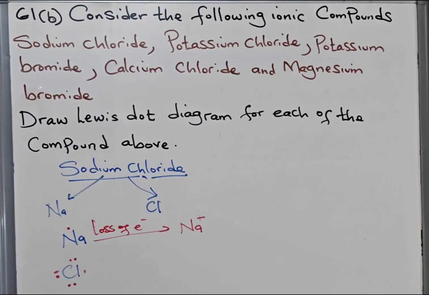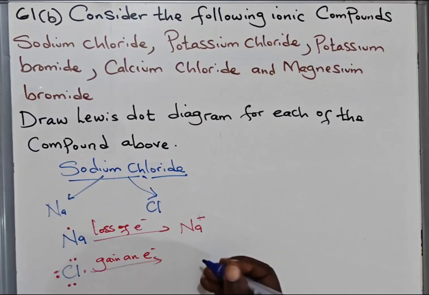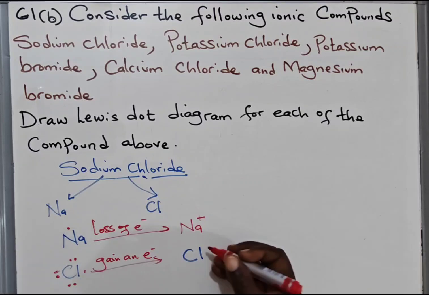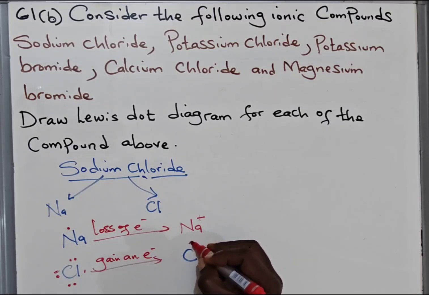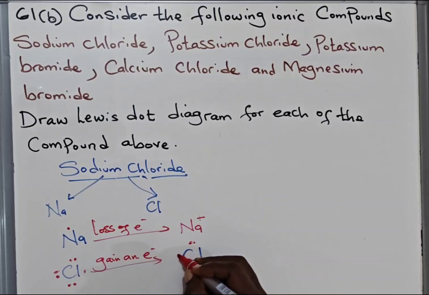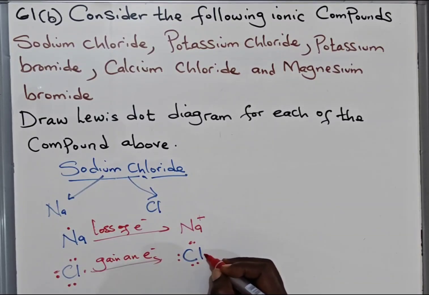So what are we going to have here? We are going to gain 1 electron. And in gaining an electron, our chlorine atom previously, which is now chloride ion, has these electrons distributed. This is 1, this is 2, this is 3, this is 4, 5, 6, and we have the 7.